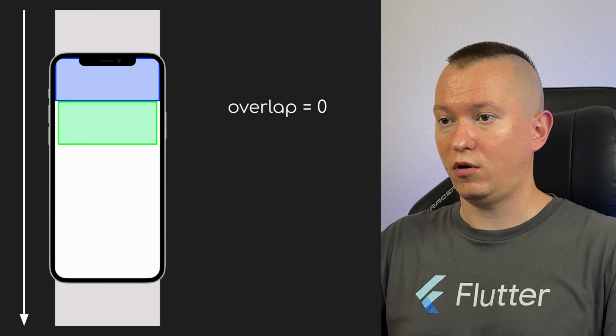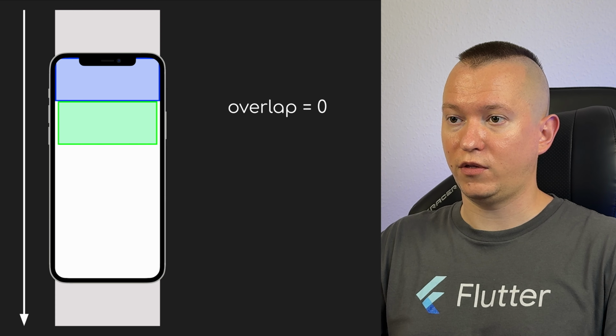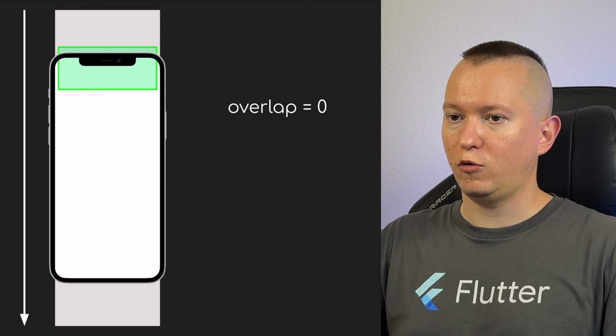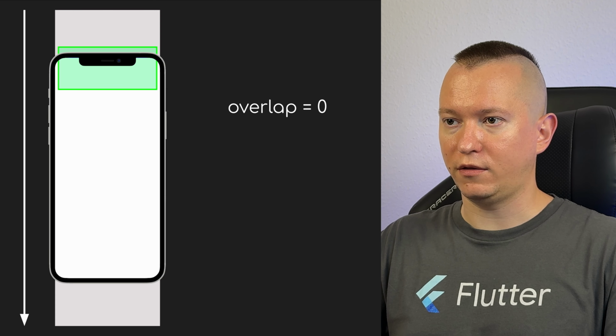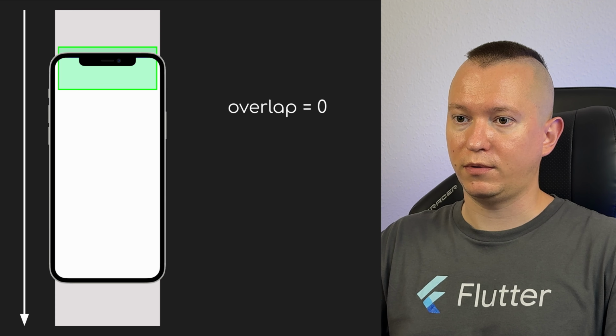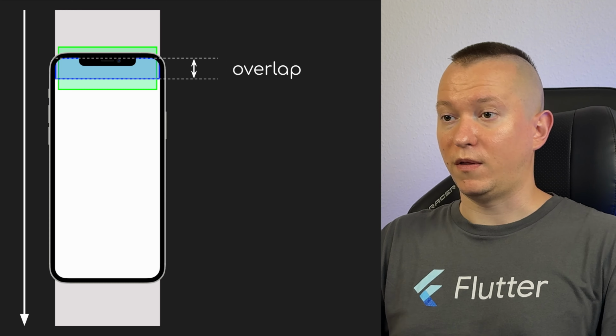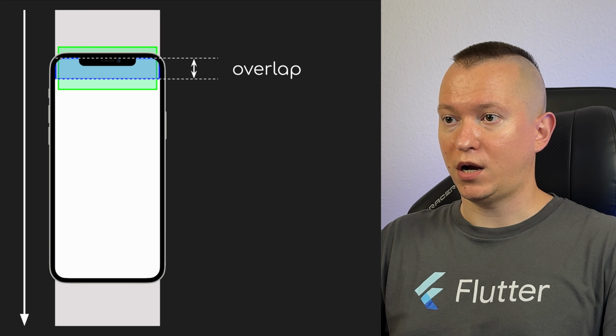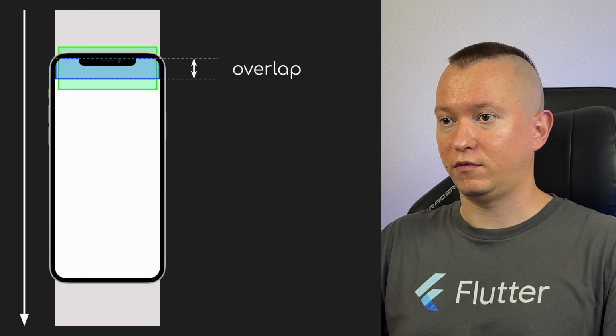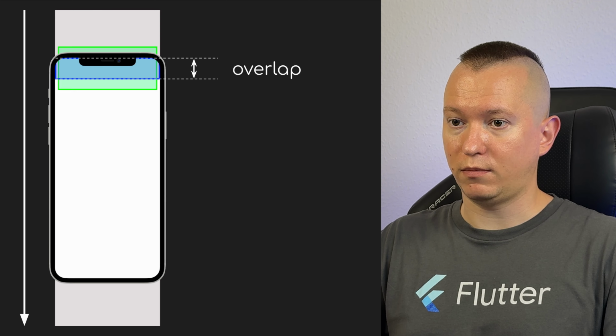Before we start scrolling and they are just connected edge to edge, overlap is 0. If we scroll far enough to hide this top bar completely, overlap is also 0. But then if we scroll down and the top bar appears and covers part of the green sliver, there is an overlap. And this is exactly the overlap in this case.